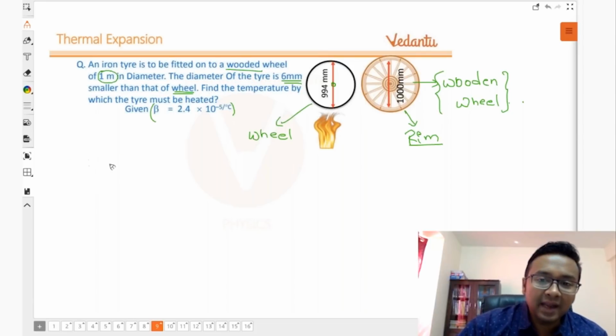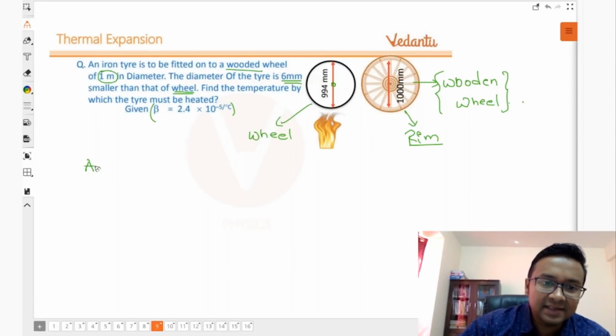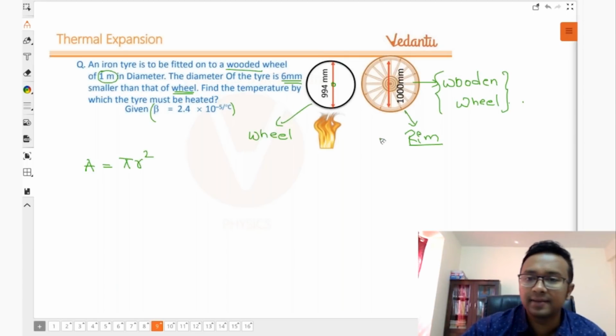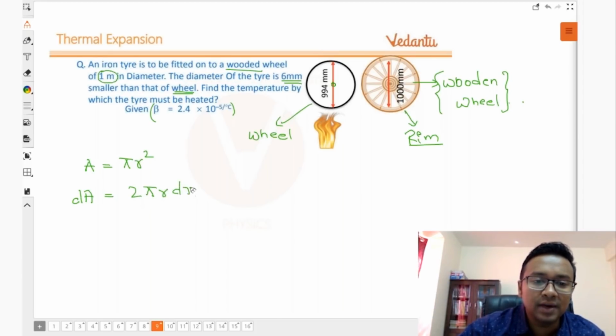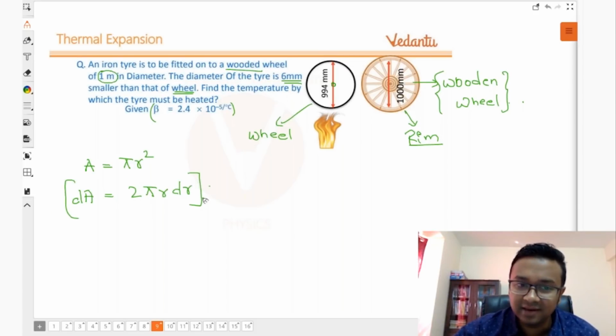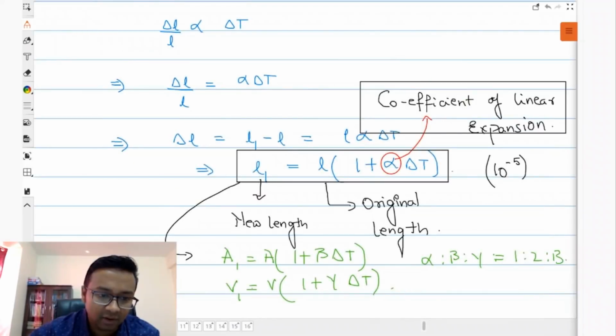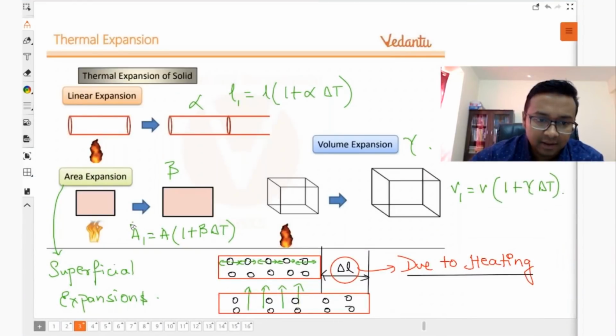Now here I know the area is given as pi r square. Students, the first part you're going to do is find out dA. What is going to be your dA? Differentiating, 2 pi r into dr. So this is what I'm going to get, 2 pi r into dr. Also, we have seen the formula for the change.